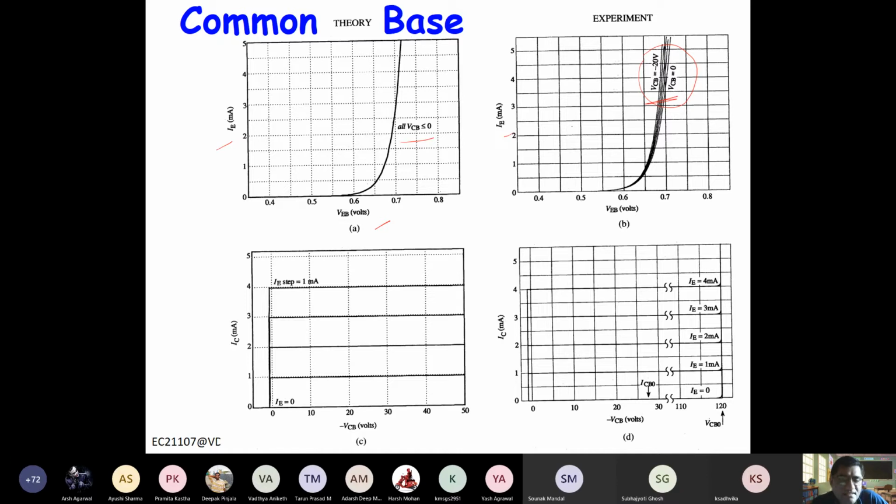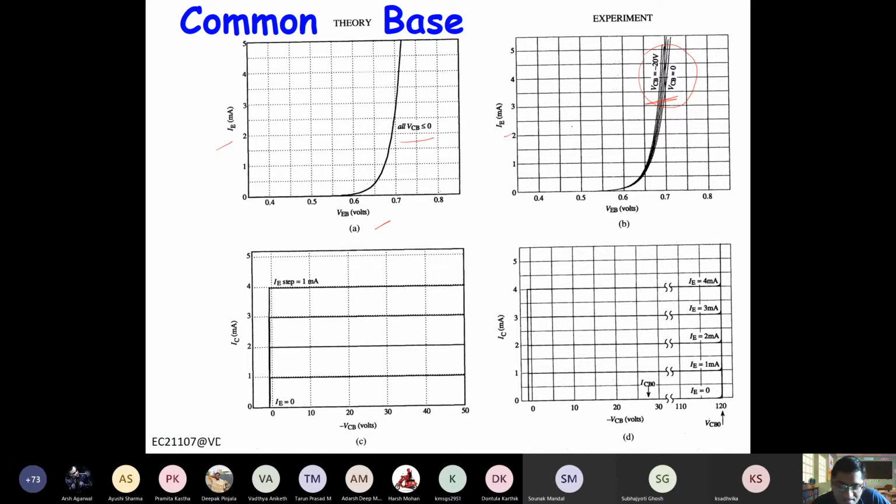What happens when base collector is reverse biased, right? If you increase the reverse bias, the field at the base collector junction increases. So it basically pulls the carriers with a stronger force. So more carriers are pulled, and we will also see in coming slides that the reverse bias of base collector junction modifies the base width also slightly, so the slope will increase. So at least the IEP component of IE will increase by that.